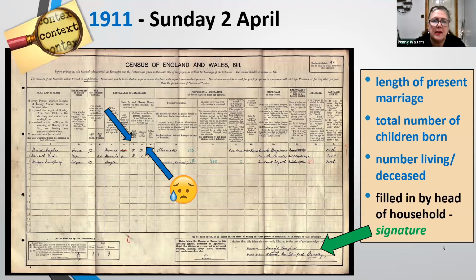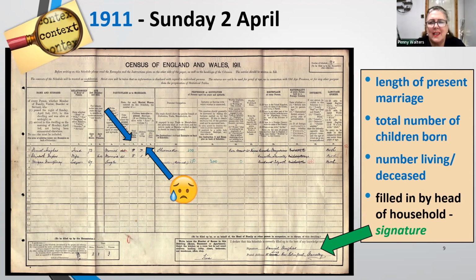The 1911 census is fascinating, especially for us, because it asked the couple, if they were a couple, what is the length of your present marriage? So that's great, because then you can see how long they've been married. Hopefully the man asked the lady, because quite often the men forget, don't they?